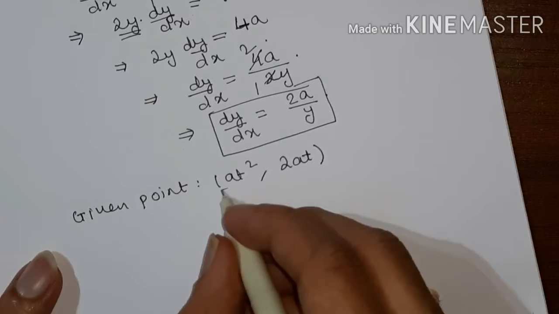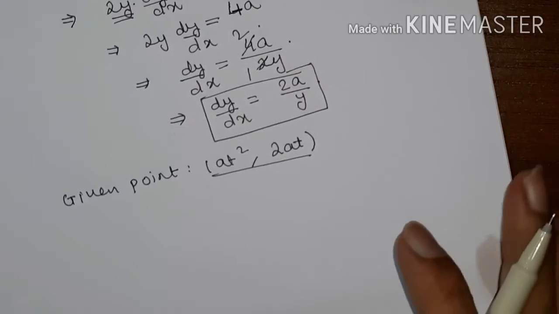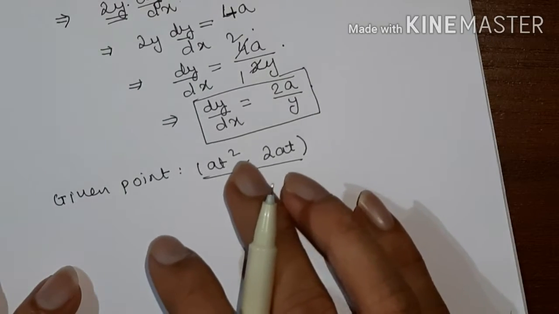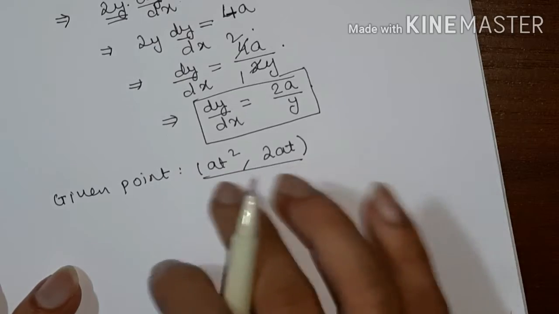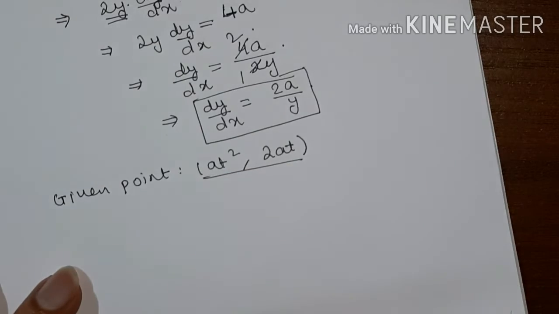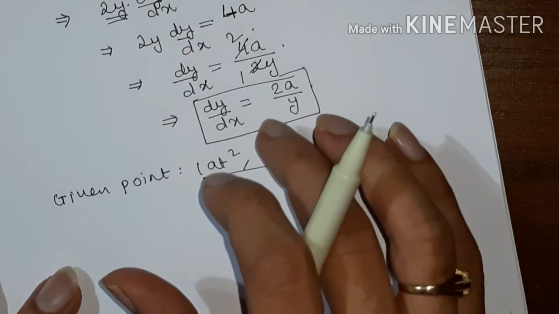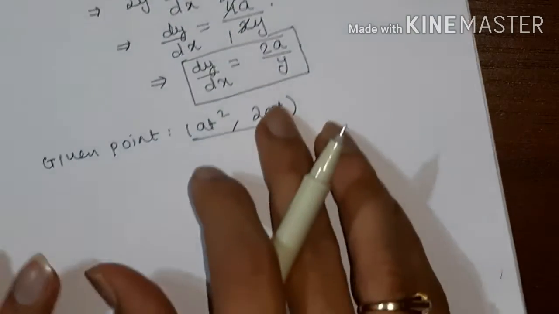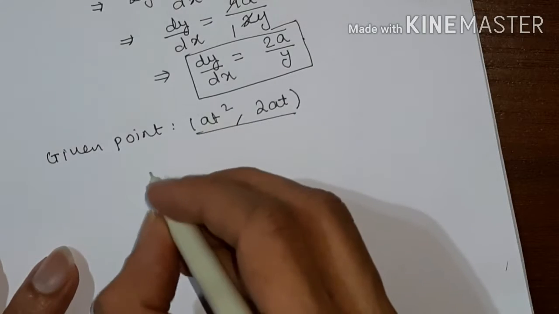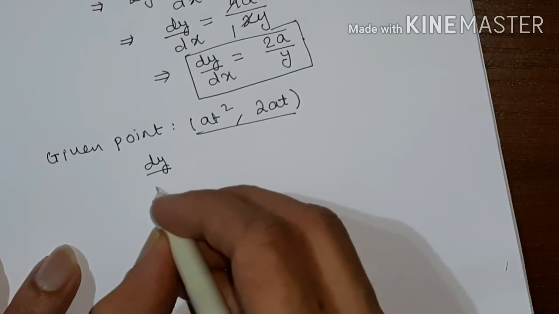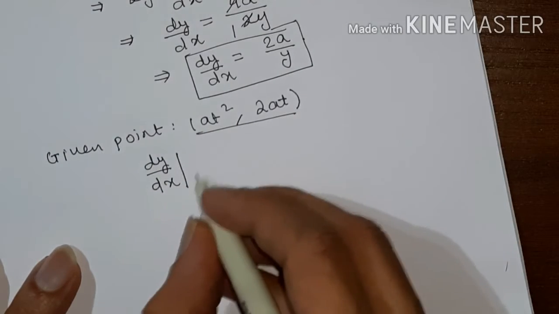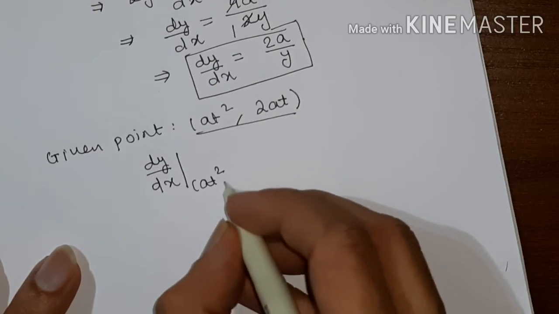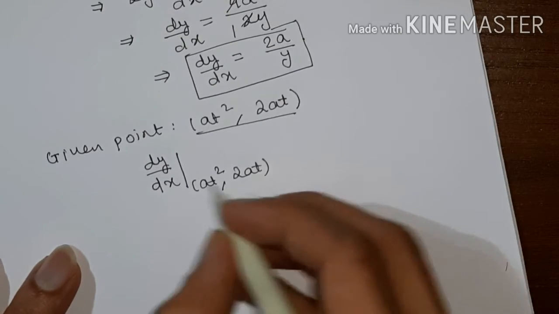Since you have to find the equation of the tangent and the normal at this given point, first we need the slope of the tangent and also the normal. So first we will find the slope of the tangent. So dy by dx at the given point at square comma 2at.